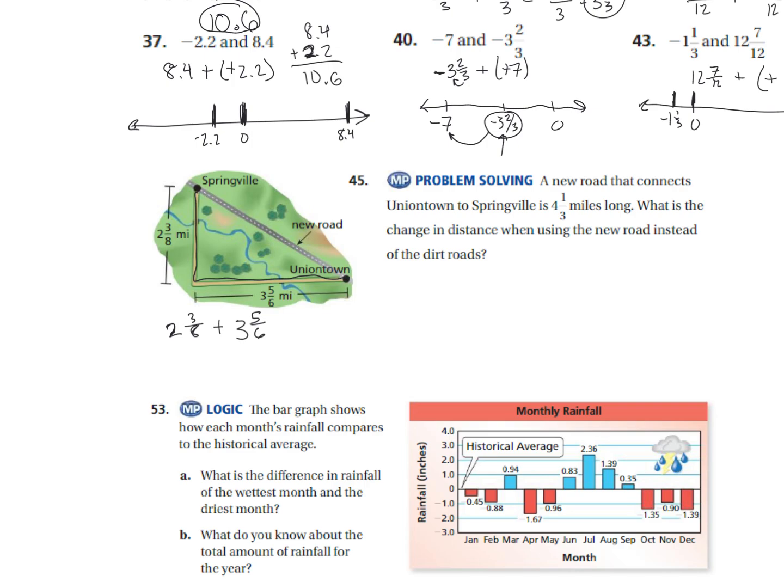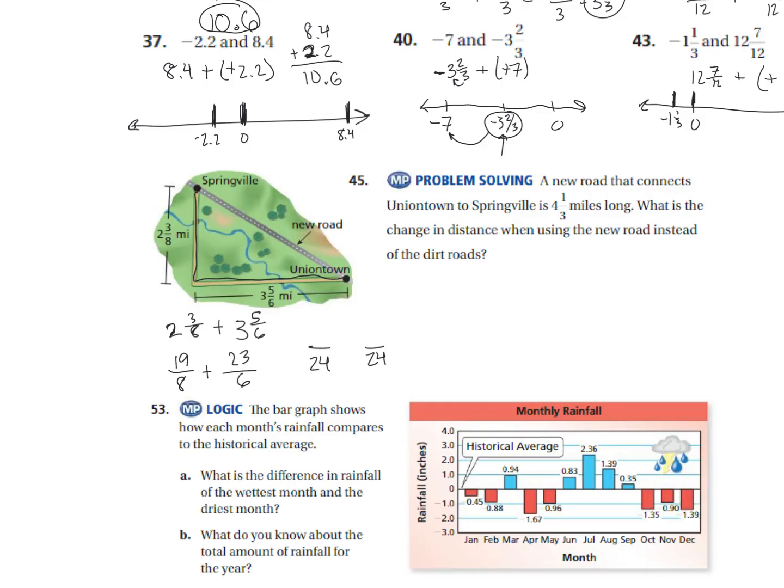Okay. When I add those two together, I need to convert here. So 8 times 2 is 16 plus 3 is 19 over 8 plus 6 times 3, 18 plus 5 is 23 over 6. Okay, my most common denominator there would be 24.